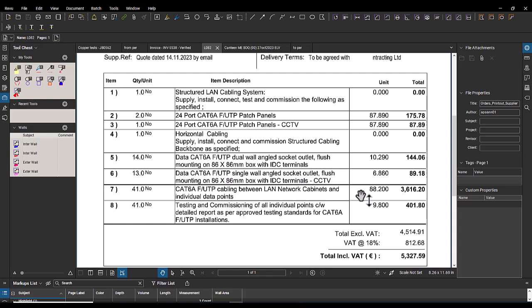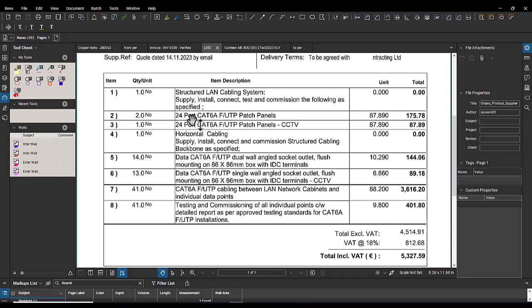The price per point is €88.2. And item number 8 is testing and commissioning of all individual points, carried out with data report as per approved testing standard, so including standard, with a rate of 8.9.